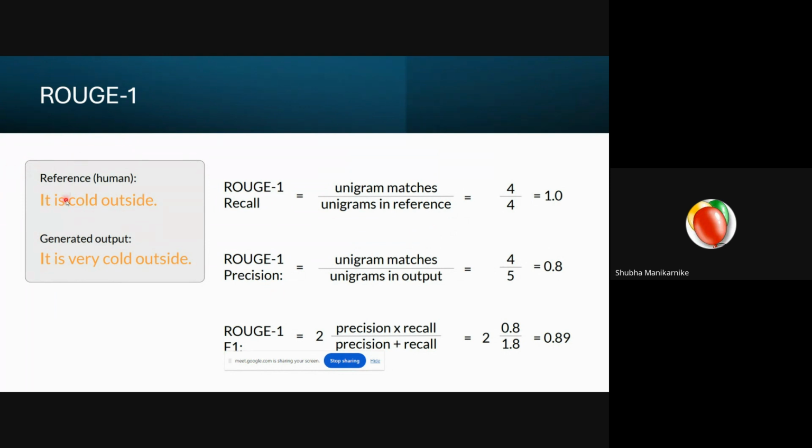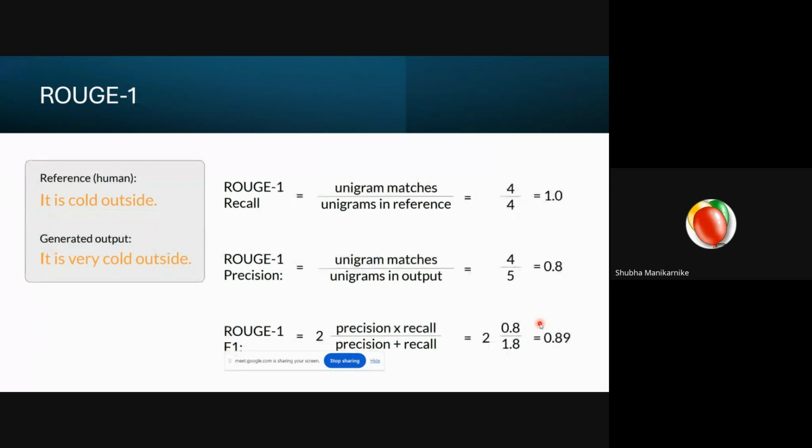So over here, here is the reference and here is the output. All of the unigrams in the reference matching with the generated output will be 4, and the number of unigrams in the output will be 4. So recall is giving you a high score, but you can also use precision, and a better score will be the F1 score.